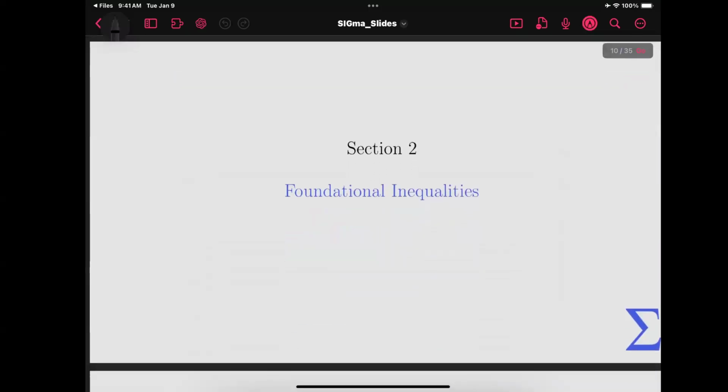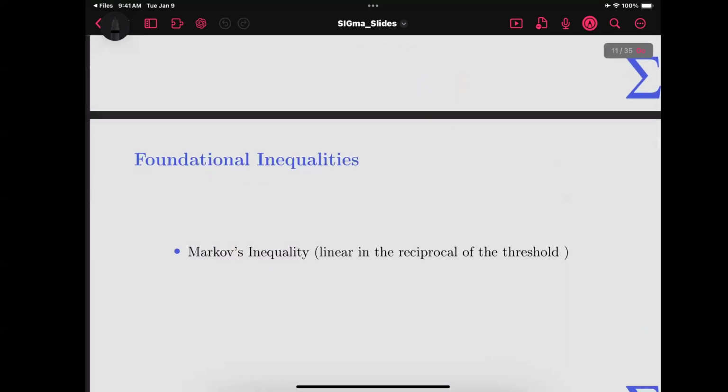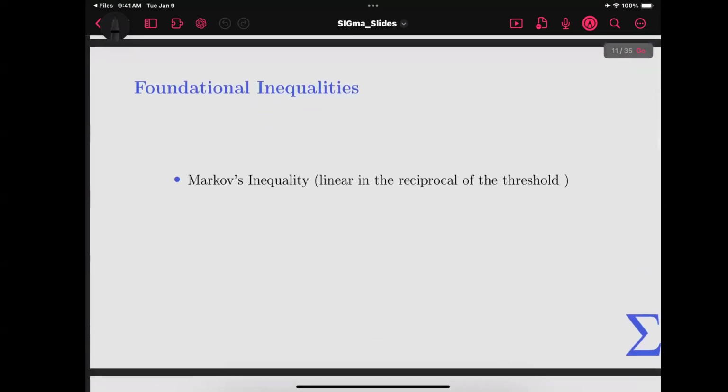So I will first go to the most basic part of concentration inequalities, the foundational inequalities. You might or might not have heard of Markov, like the Markov model, where you use his inequality to lower bound the range of your variables.